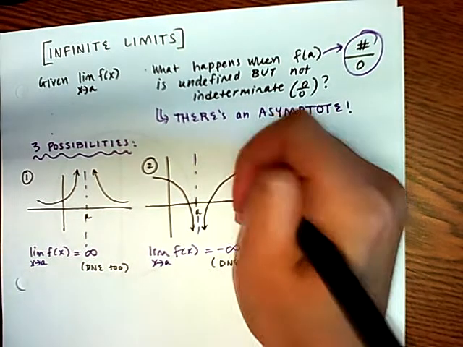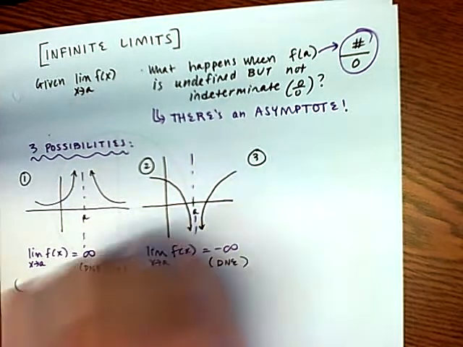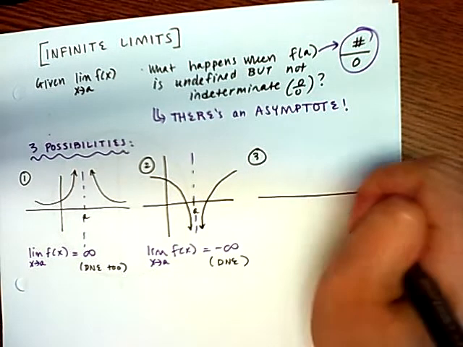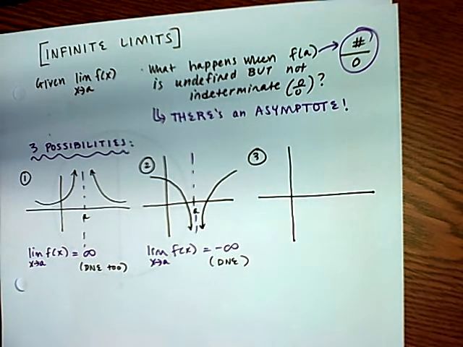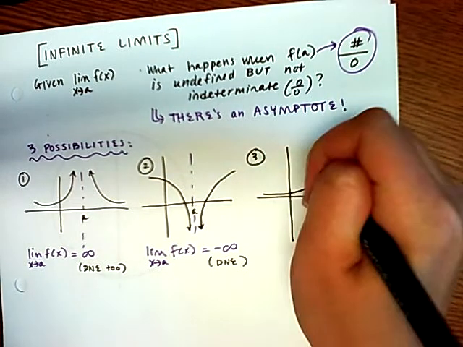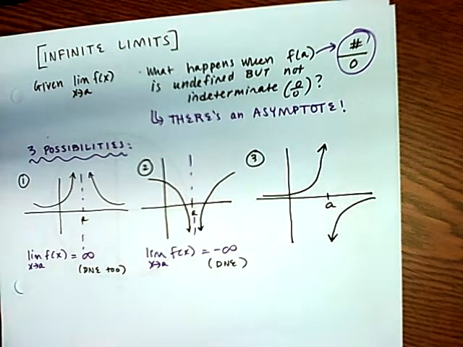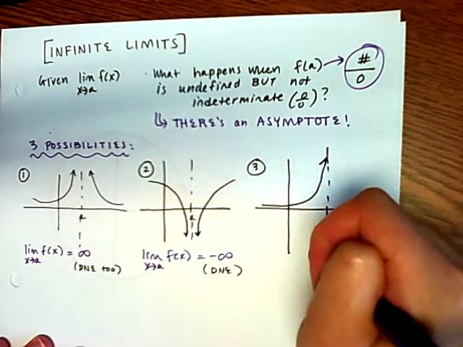And then the last situation, which has 2 subsets, is that as you approach the asymptote from both sides, one side is going up and the other side is going down. There are 2 subcases of this because it could go the opposite way.